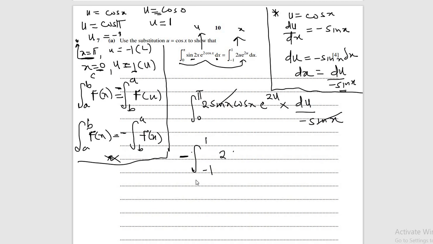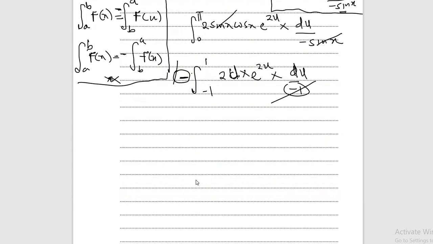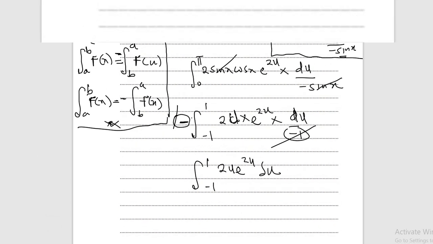We have 2 cos x, remember cos x is u, times e raised to the power 2u multiplied by du over minus 1. So now this minus and this minus, they cancel out like positive, right? So what do we have now? We have the integral from minus 1 to 1 of 2u e raised to the power 2u du.